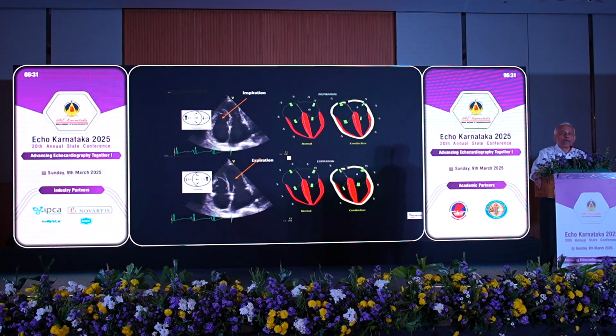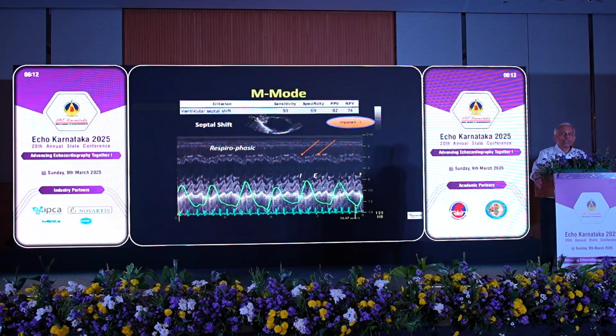That is why you have these inflows, on both the mitral as well as the tricuspid side, which increase with inspiration and decrease with expiration. This is the reason it happens, as the septum swings back and forth because of the constriction effect all round.